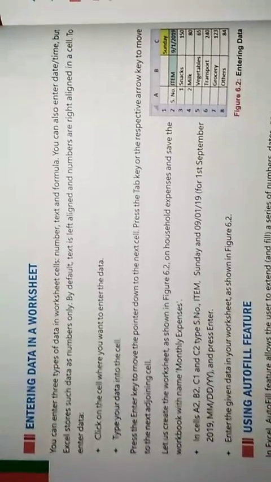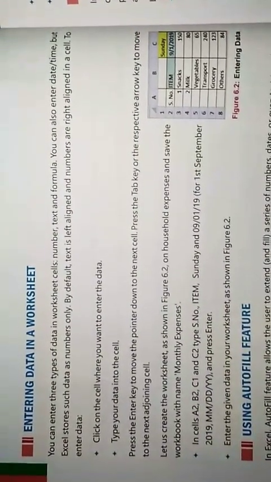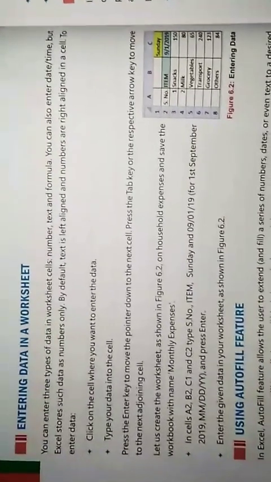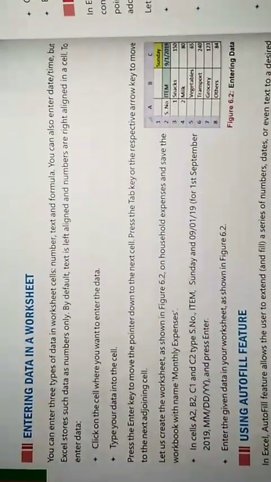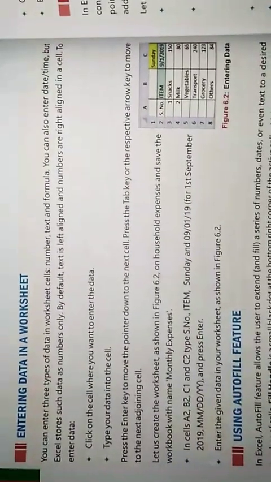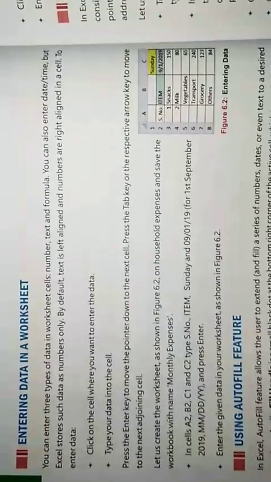Text means alphabetic characters; all words and sentences you can enter into the cell. And formula means whatever formula you have learned in this software, you can enter into the cell.